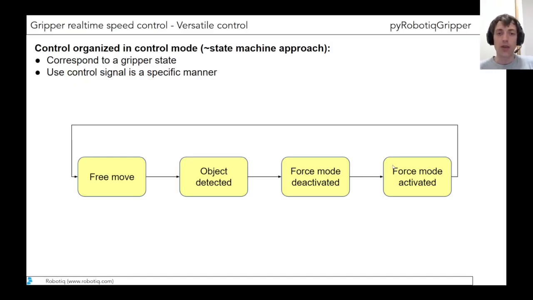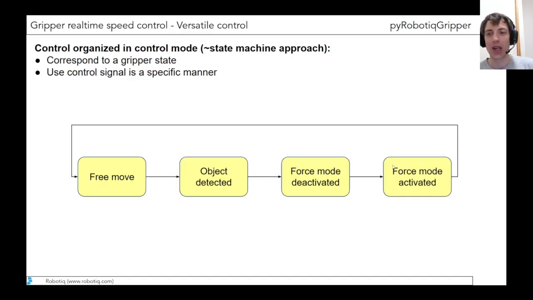Then when you detect an object, the function will enter the object detected mode, and from there we wait for the operator to release the joystick in the center position. And once the operator releases the joystick at the center position, the function will enter the force mode deactivated mode.